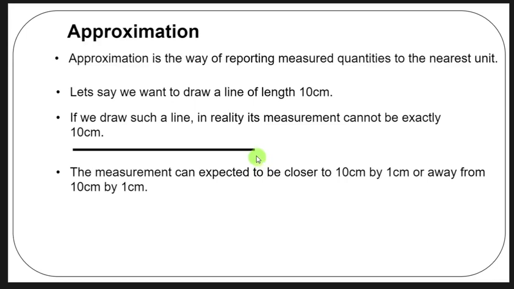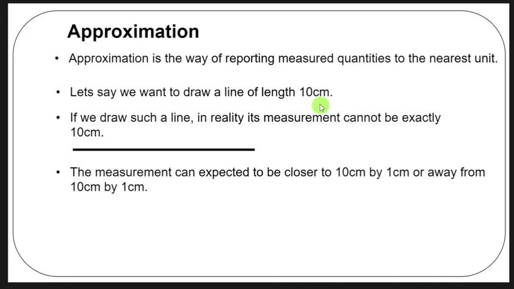For instance, if you were to measure this length of 10 centimeters, you would use a ruler with marks on it in centimeters. It will have the smallest unit of measurement as 1 centimeter, because we would move from 0, 1 centimeter, 2 centimeters, 3, 4, 5, 6, 7, 8, 9, then 10 centimeters.